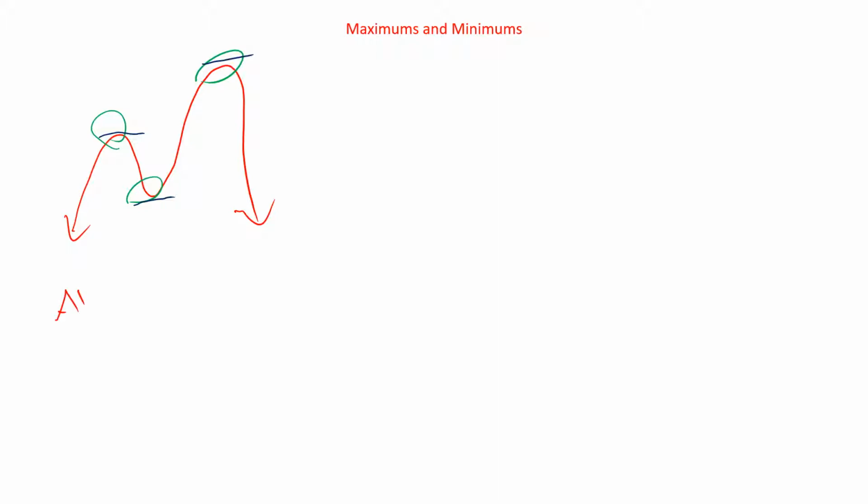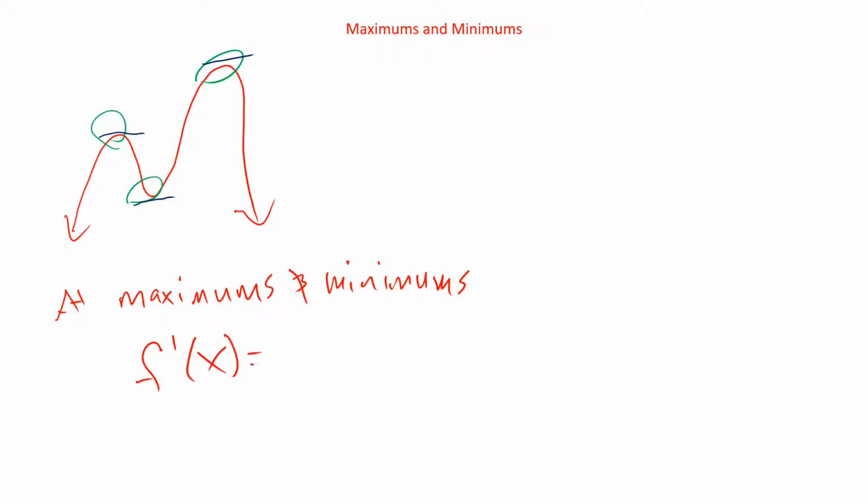So at maximums and minimums, f prime of x equals 0. So if we want to figure out the maximum position something hit, figure out when is the velocity 0, when did it turn around? That'll get us the maximum or minimum position.